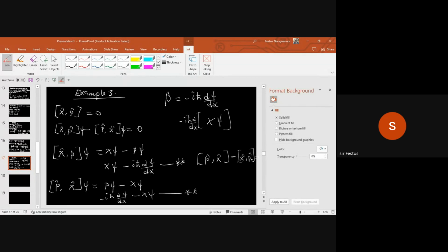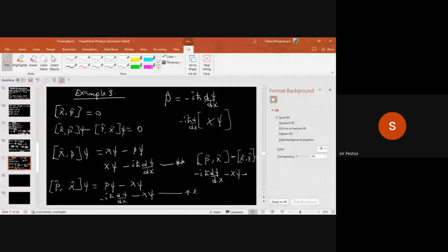It depends on whichever one you bring first. So if we are considering P of this first, it means that we have minus iH d psi on the X minus X of psi. Then this should be minus the top one that we have, which is X of psi.